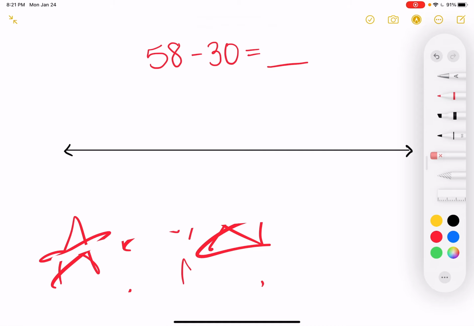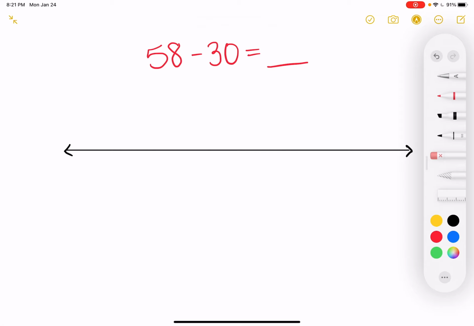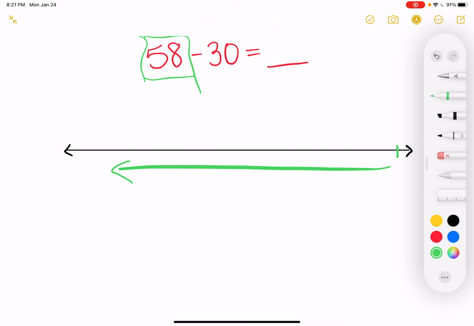is that when you are subtracting on an open number line, your starting number, which is our first larger number here, needs to be on the right so that we have space to count back.